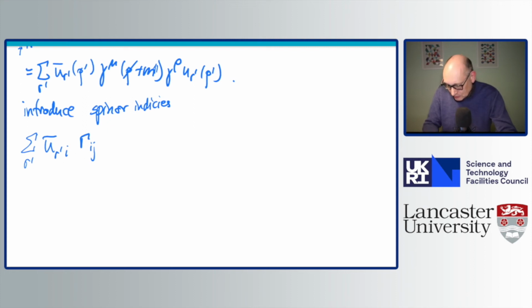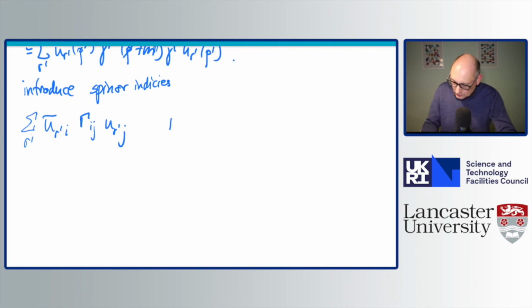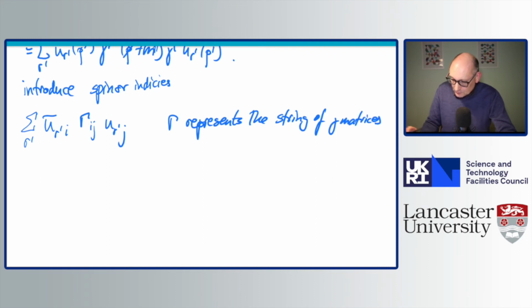That's just some matrix ij in spinor space, and then there's a u_R′ with a spinor index j. So Γ here represents the string of gamma matrices, or matrices in spinor space.